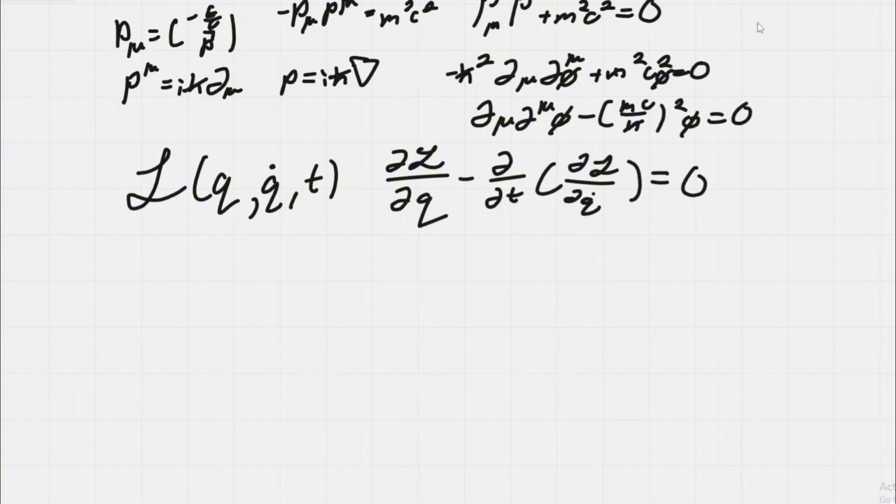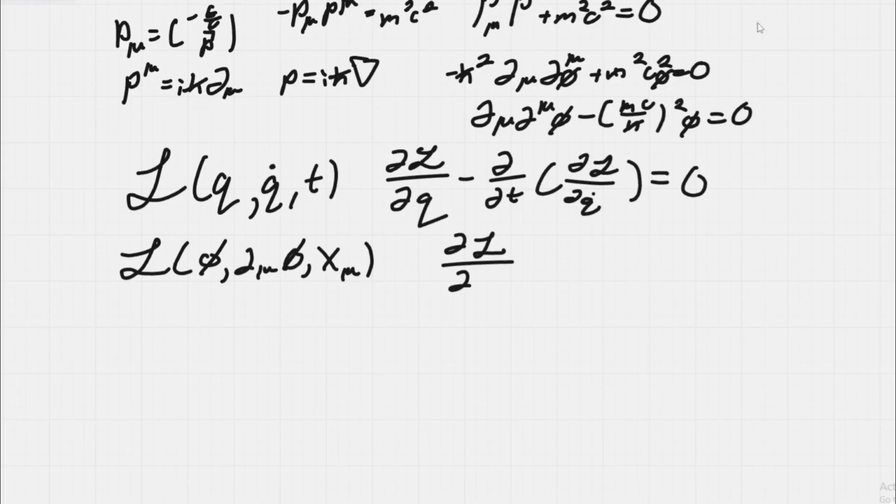For us, we're going to let these generalized coordinates be as so. Now, it just takes the form that is more applicable to our case with fields.